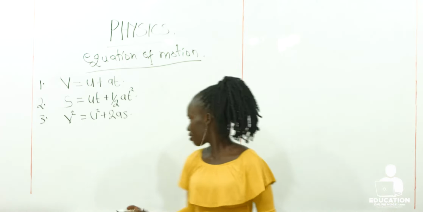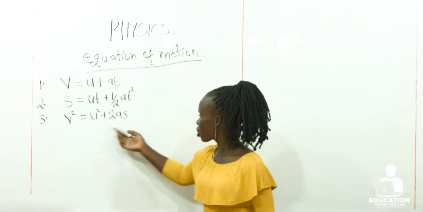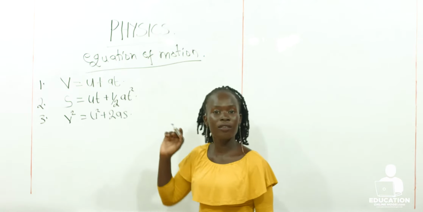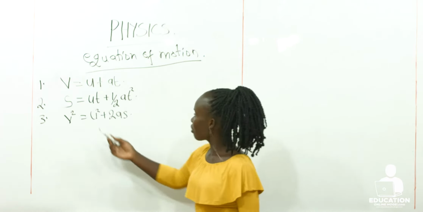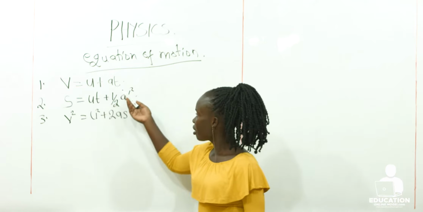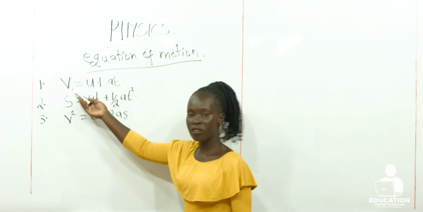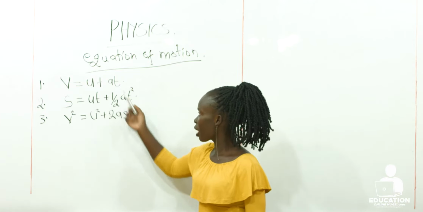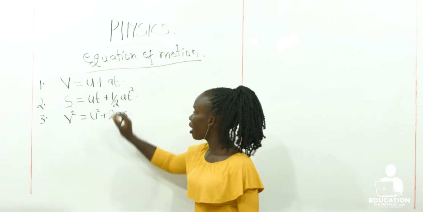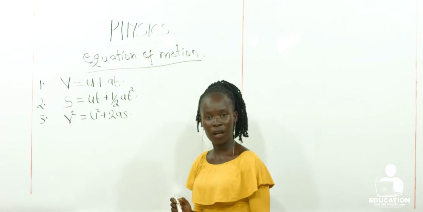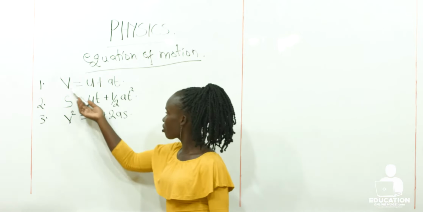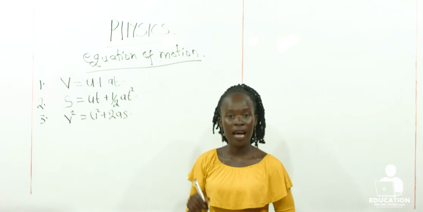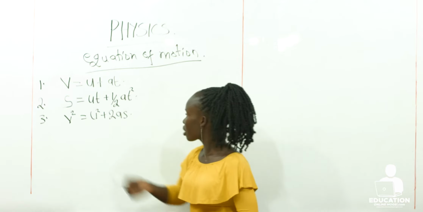If you look at these equations of motion, all three actually don't look alike, because if you look at the first equation there, we are having the final velocity, the initial velocity, acceleration, and then time. So what is lacking in our first equation of motion there? You find out that in the first equation of motion we don't have the displacement, which is known as the distance.